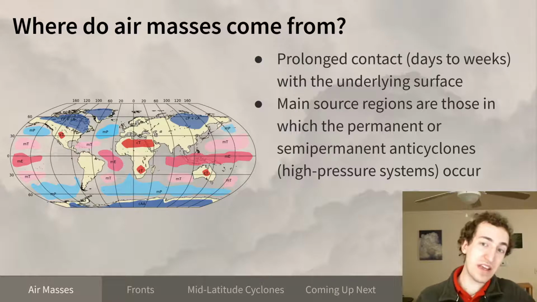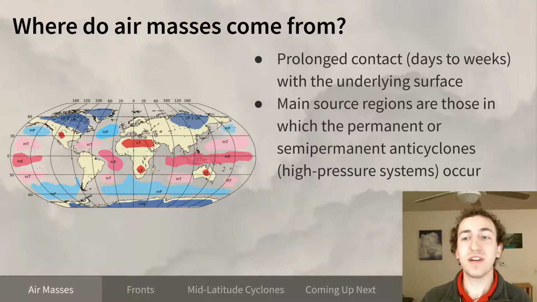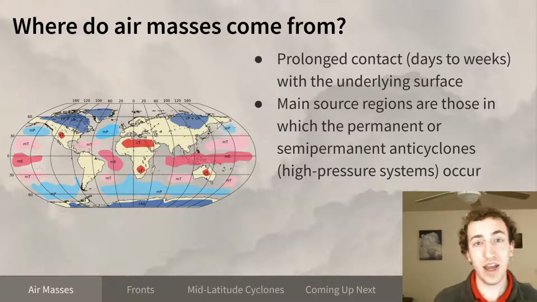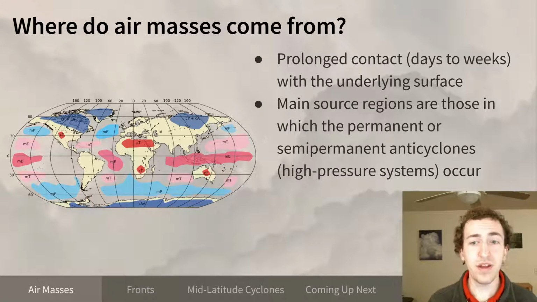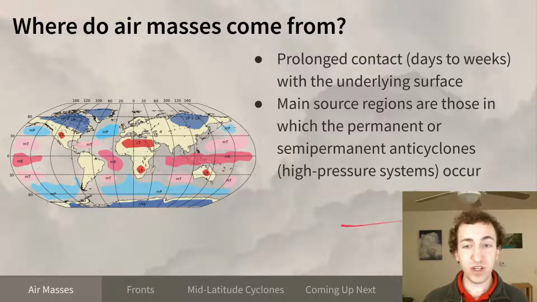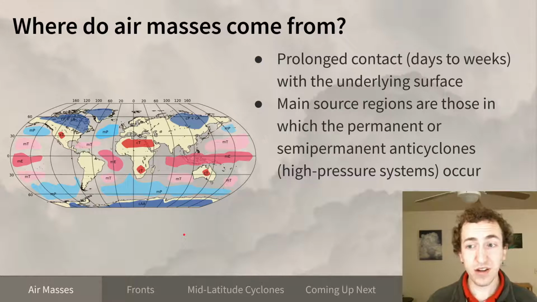So starting with where they come from, again, prolonged contact. It's a days to weeks time scale to allow this to happen so that the air can come into equilibrium with the underlying surface, so it can justifiably be called an air mass, a large body of air with uniform characteristics. We have a global map of the most common main source regions here.